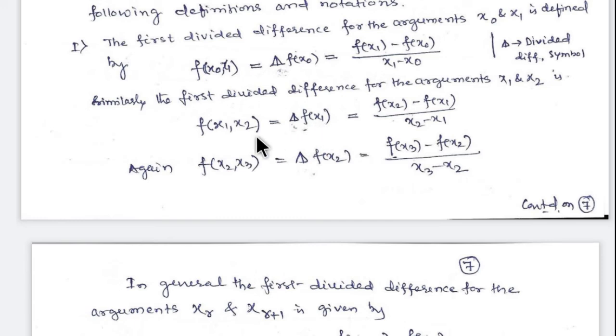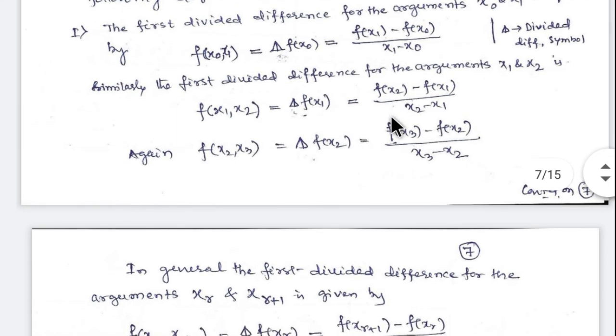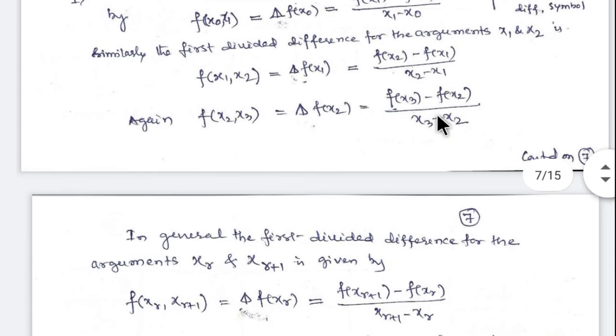It is f of x2 minus f of x1, divided by x2 minus x1, as written without the function.